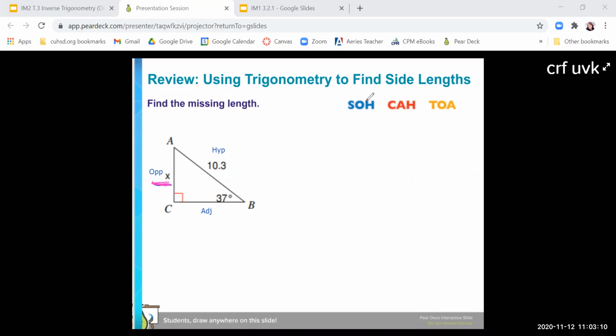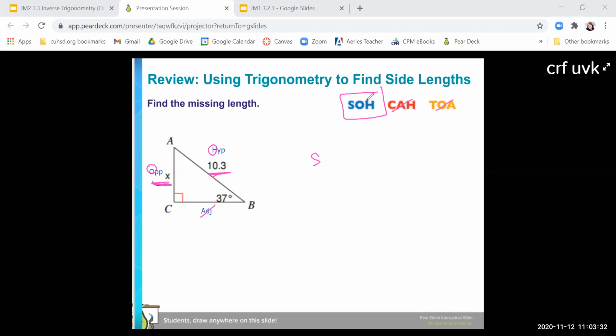We also already know this length, 10.3, which is the hypotenuse. So we're going to use opposite and hypotenuse, which means adjacent is out. When you look at SOHCAHTOA, anything with an A is out. Tangent and cosine are out. This leaves us with sine for this problem.